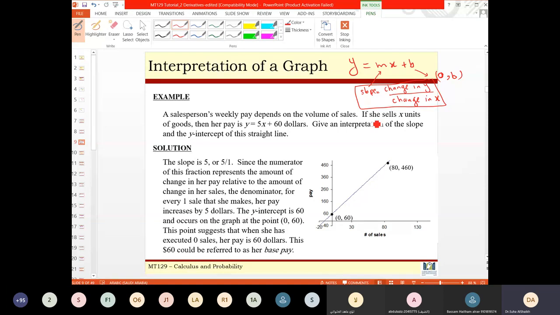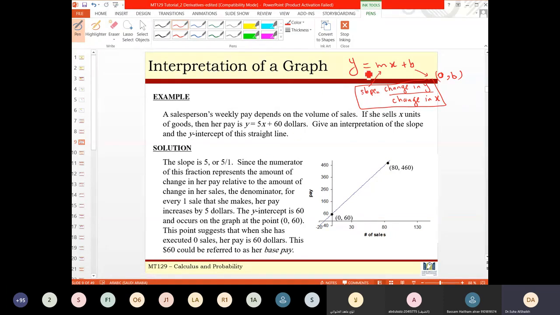And the slope gives me the rate of change of y with respect to x, meaning how much y changes divided by how much x changes. Okay, I can see Maryam wrote the equation but it is upside down. It should be y2 minus y1 over x2 minus x1, Maryam.